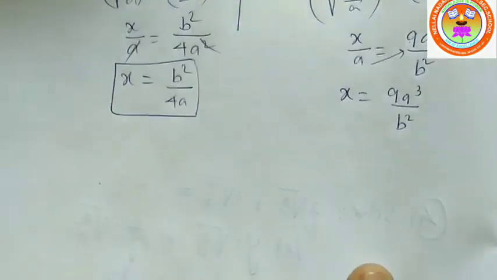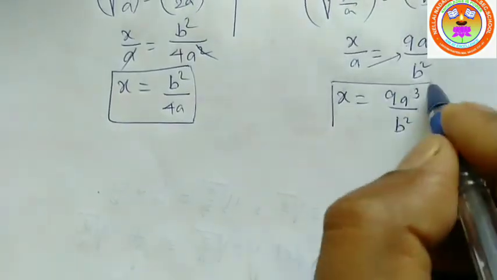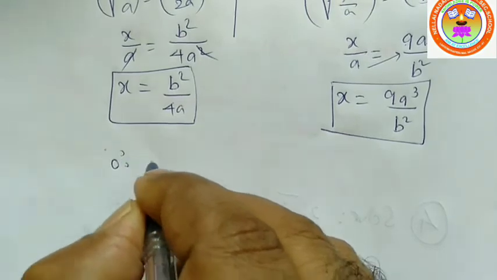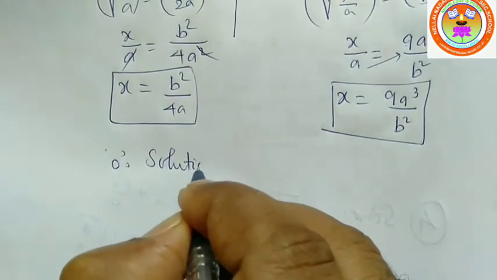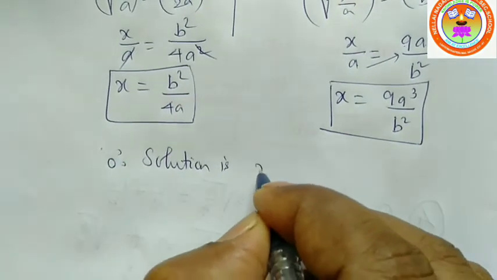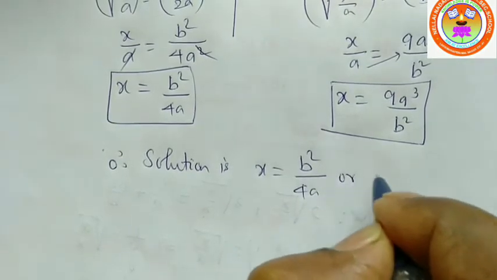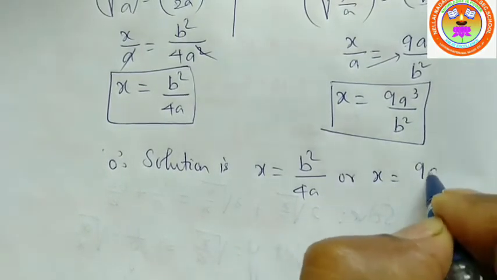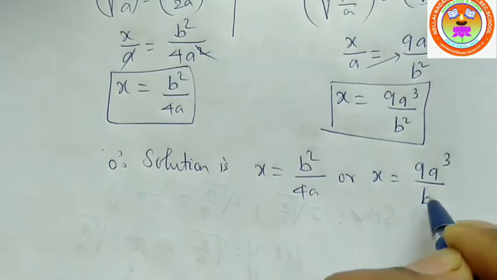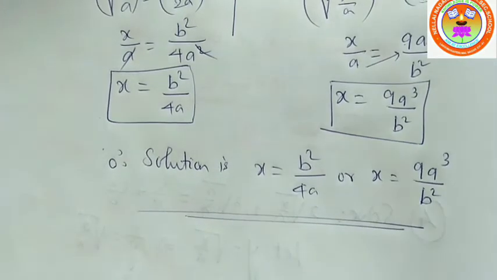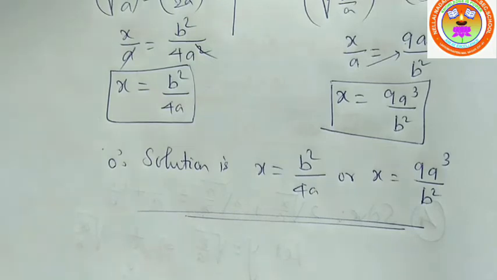Therefore the solution is x is equal to b square by 4a, or x is equal to 9a cube by b square. It's clear?